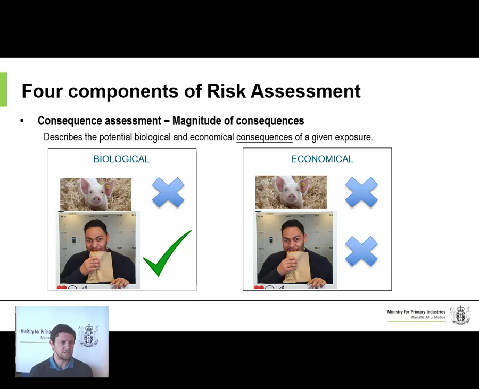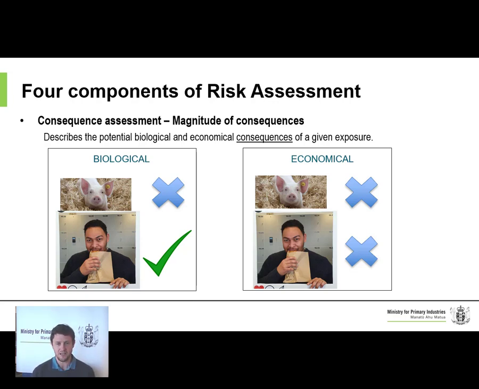So we look at the consequence. When we assess the consequence of African swine fever entering a country, should an animal or human be exposed to that organism, and what are the consequences health-wise or economy-wise, should that African swine fever then have an impact on animal or human health.